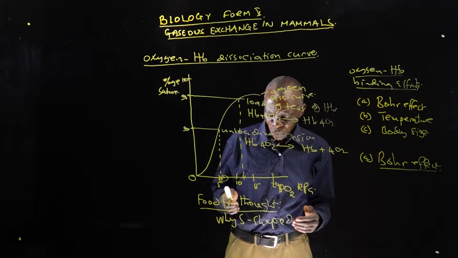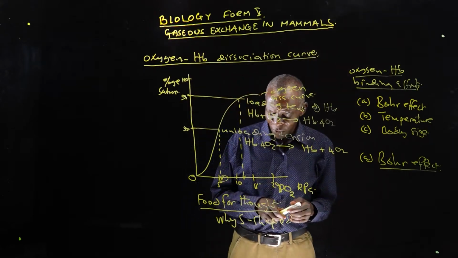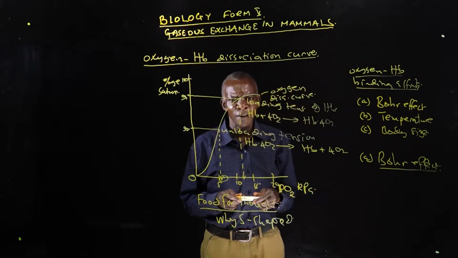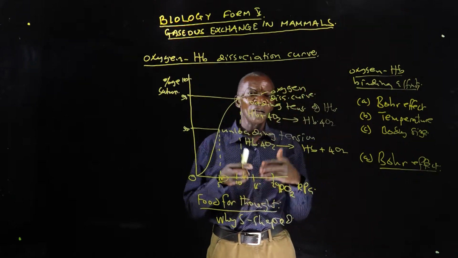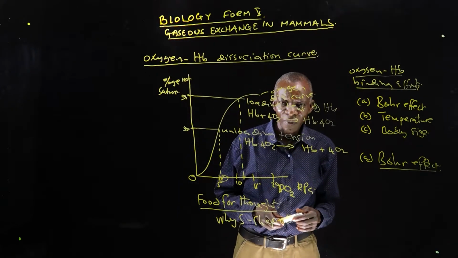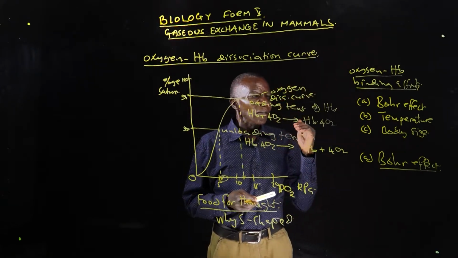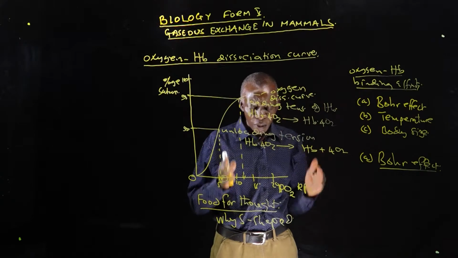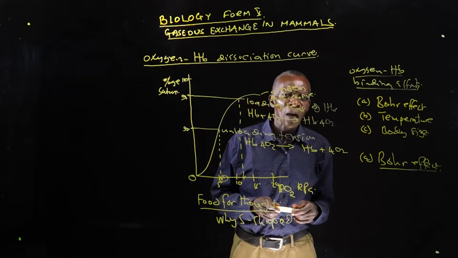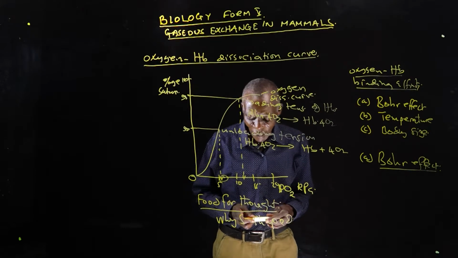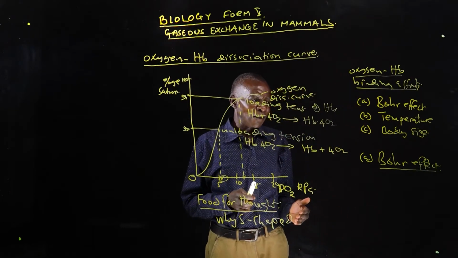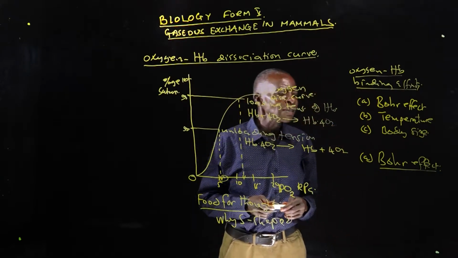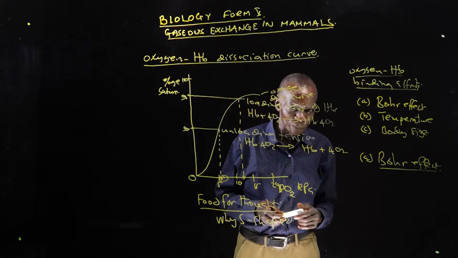And therefore, in those body parts where the concentration of carbon dioxide is high, for example, in the actively respiring muscle cells, carbon dioxide will combine with hemoglobin to form carbaminohemoglobin. And in these areas, it means the affinity of hemoglobin for carbon dioxide is higher than that for oxygen.